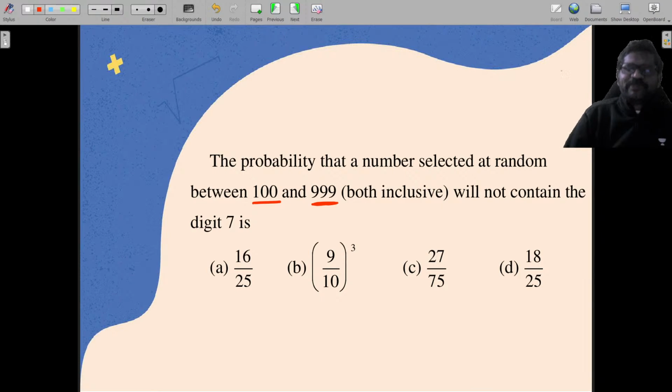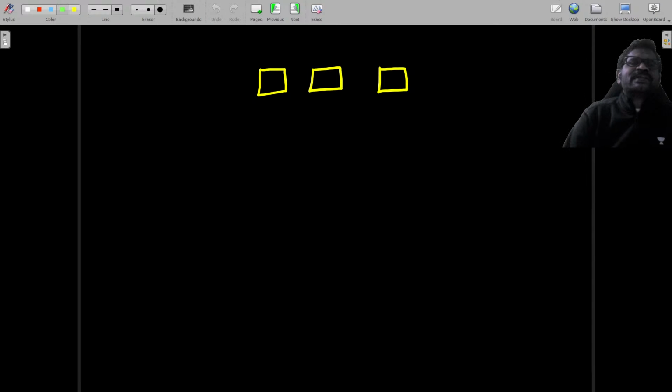So in that 900 numbers, we have to find the numbers that do not contain the digit 7. In a 3-digit number, this place can be neither 0 nor 7. The remaining entries you can fill from 0 to 9, total 10 digits. In that 10 digits, neither 0 nor 7.